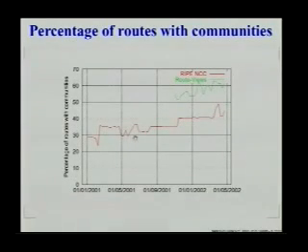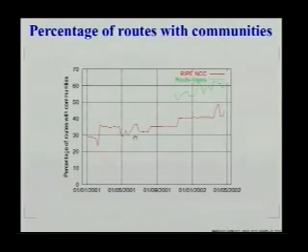You have to know that in a router from Route Views there are more than 2.5 million routes. You see that at the end of April 2002 there is about 60% of routes that have at least one community attached. So that's 1.5 million routes that have at least one community attached. That's a lot of communities in routing tables.